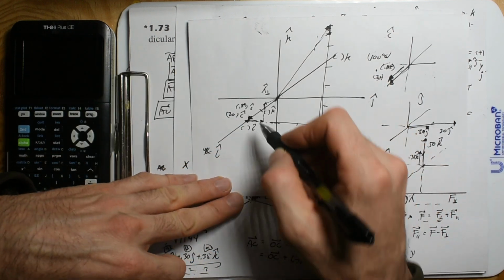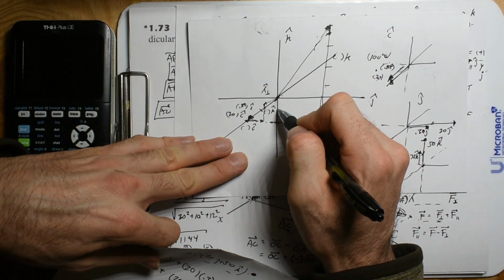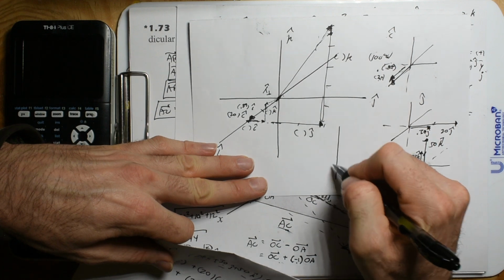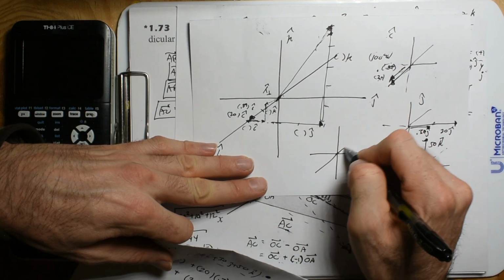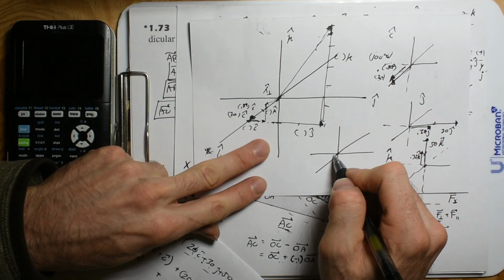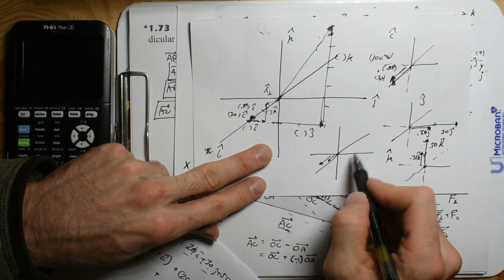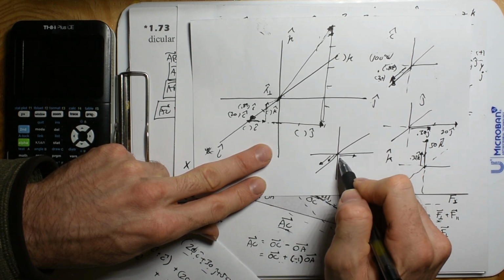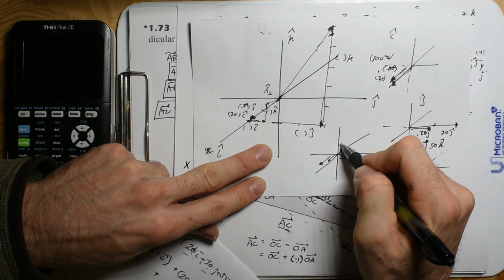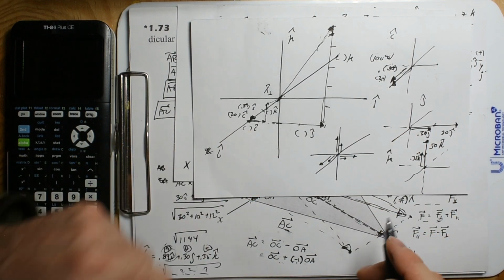So this is where you would put these all on the same coordinate system. You would have your 2 components in your I direction, your 2 components in your j direction, and your 2 components in your k direction.